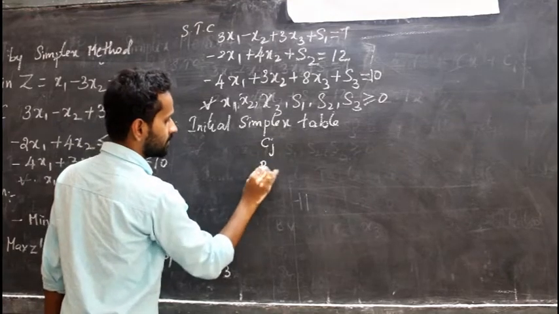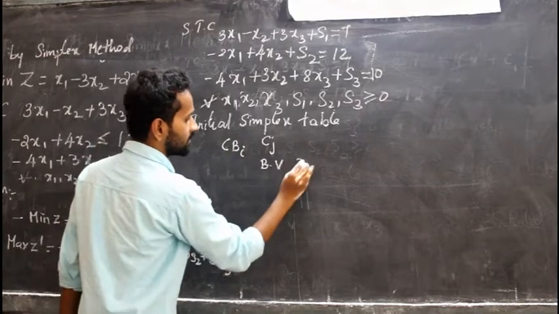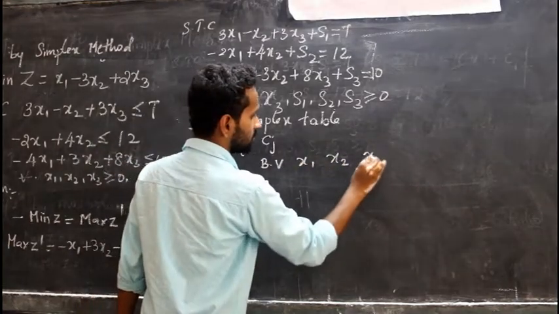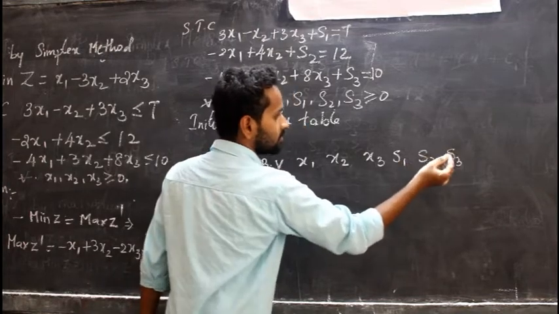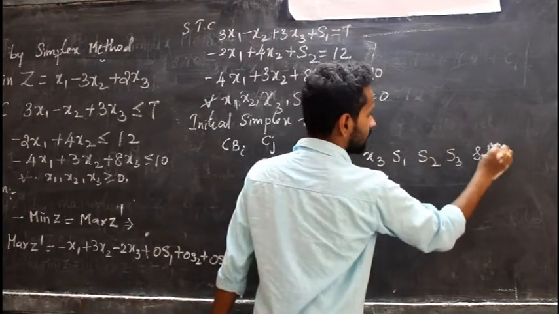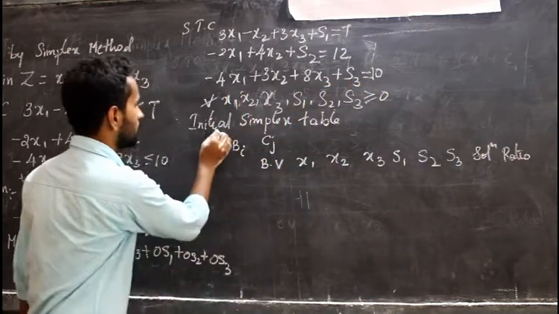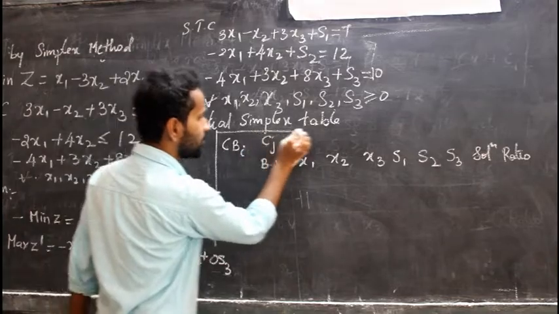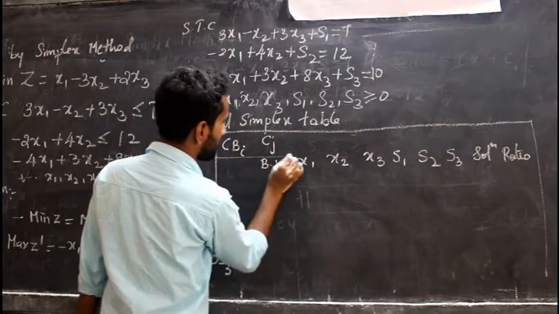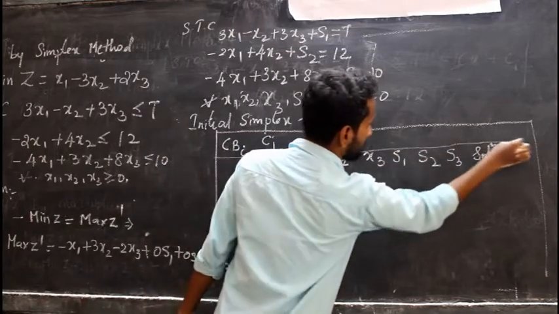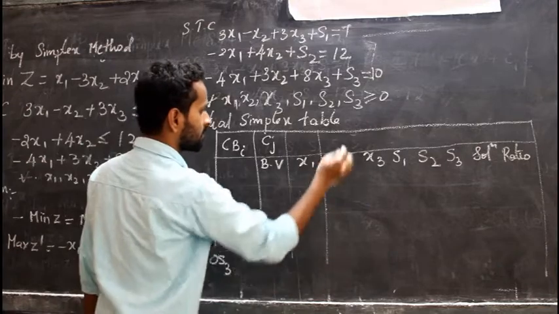The table has Cj, Bv basic variables, Cbi, x1, x2, x3, s1, s2, s3, solution and ratio. Now let us form the table.